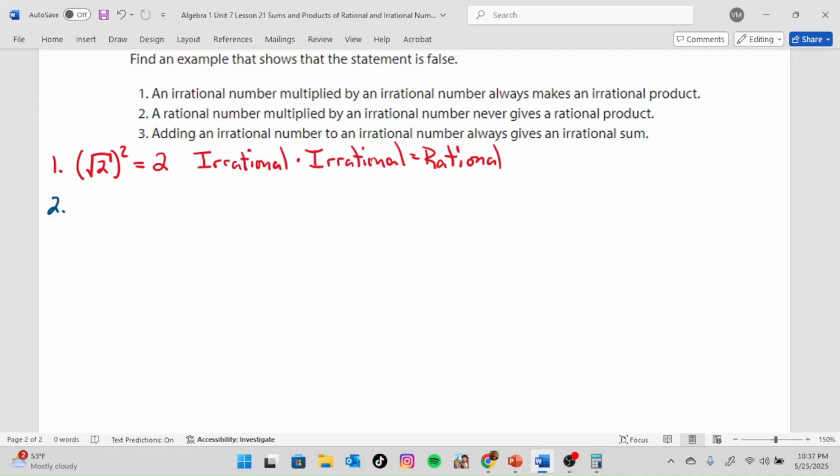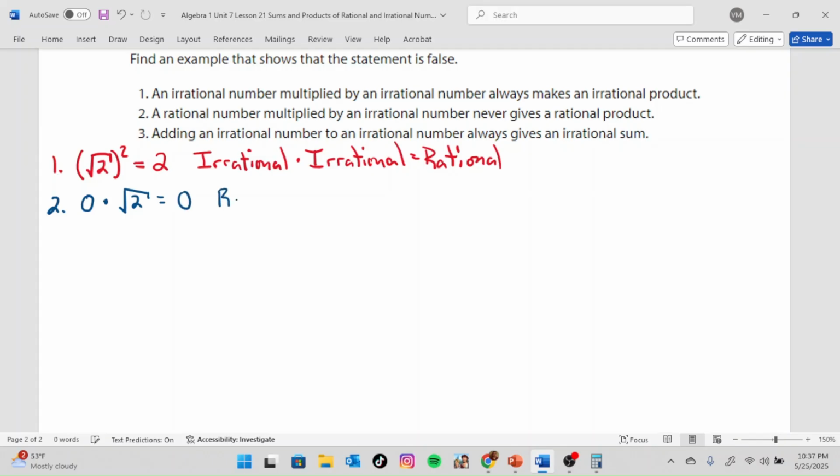We could say 0, which is a rational number because it can be rewritten as a fraction with 0 on the top and anything on the bottom. We can multiply that by any irrational number, such as square root of 2, and I'm going to get 0 for an answer.